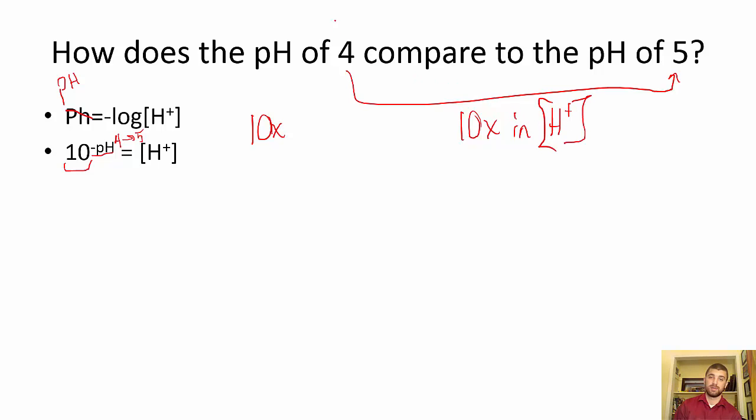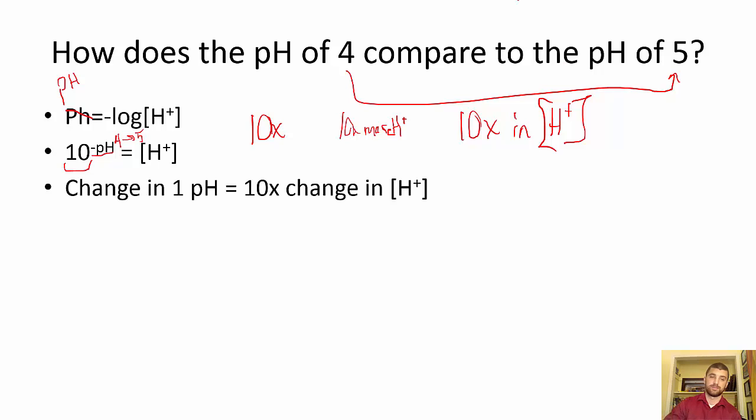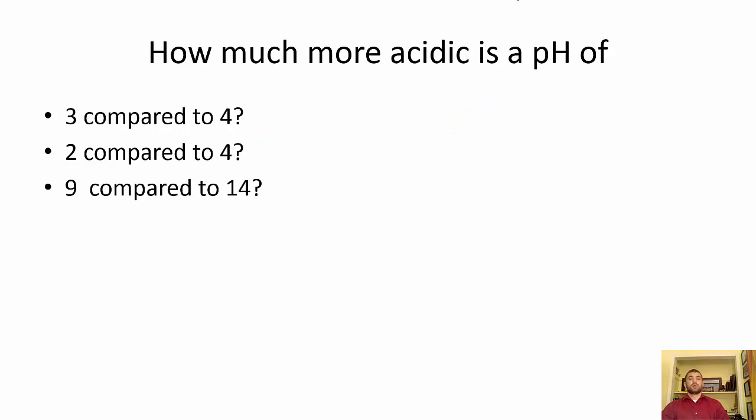So 4 being more acidic has 10 times more H plus than pH of 5. All right, so if we're going 3 to 4, well, 3 is more acidic. How much more acidic is it? Well, it has 10 times more H plus, because it's a change in pH of 1. Every time you change, it's 10 times.